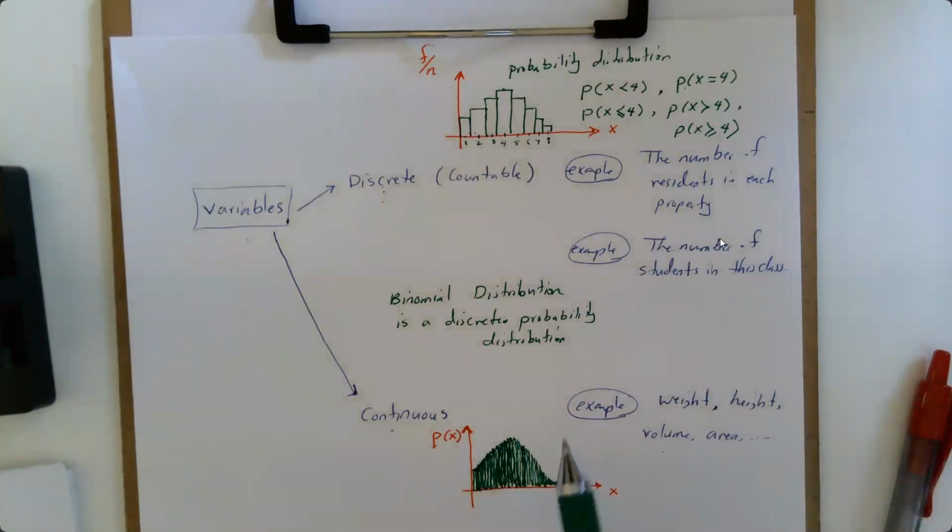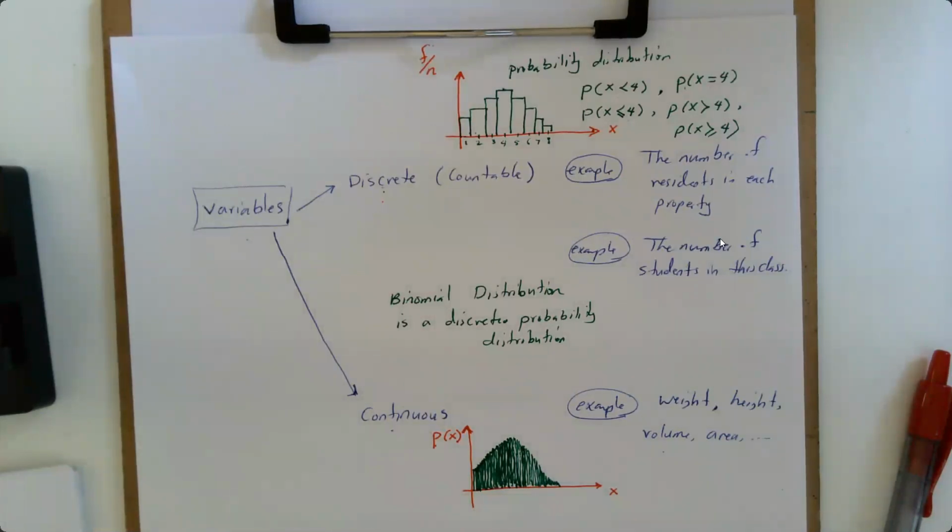But with a continuous random variable, these bars are very close to each other. These are very small, tiny little bars. We don't see the actual height. So we use a probability function to calculate these little heights.